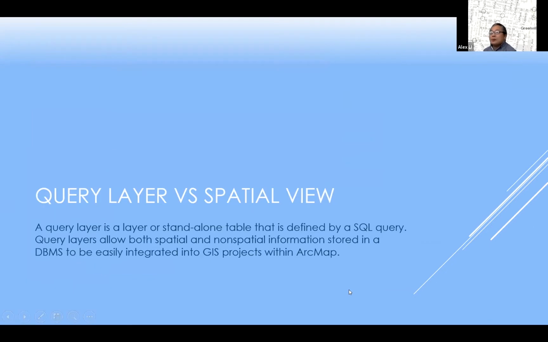Some of us might have heard about the query layer, and both of them have similar types of functions. I personally never use query layer, so I'm not familiar with it. But the difference is a spatial view acts like a feature class in ArcGIS.